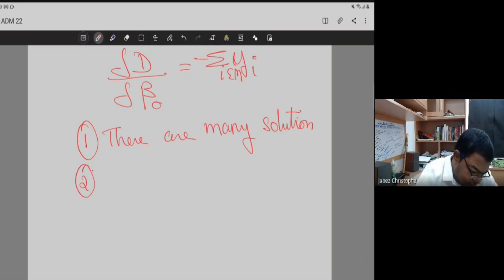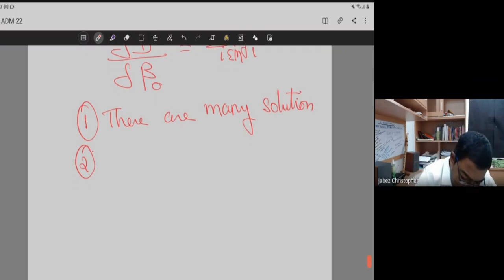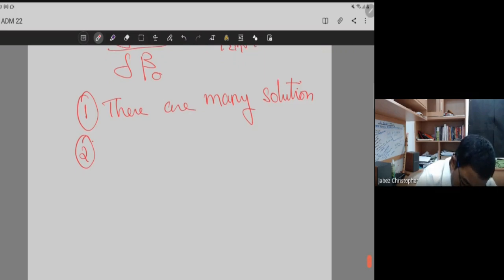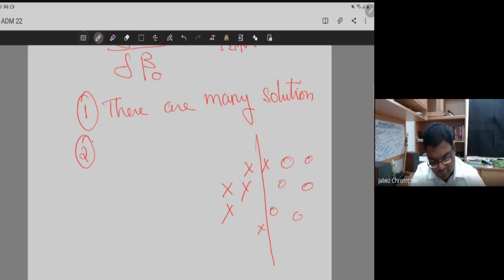Number two, if the gap between the classes is small, assume a situation like this.